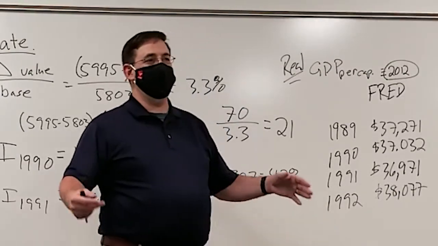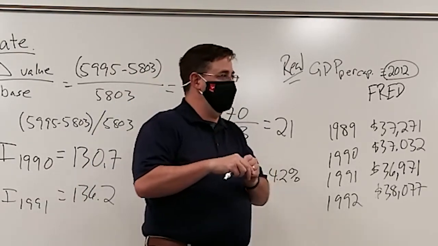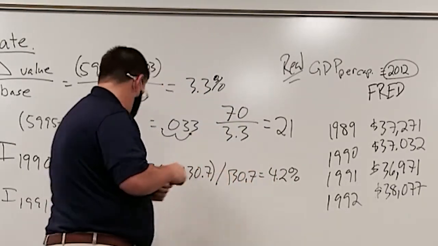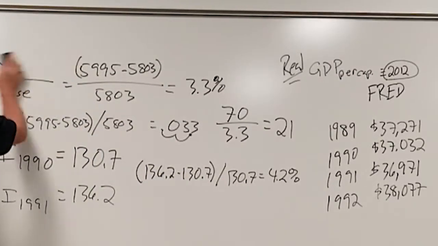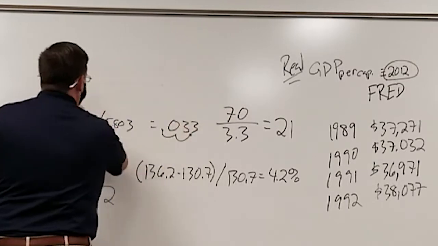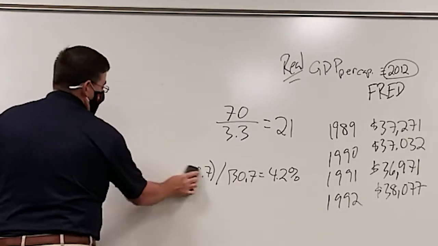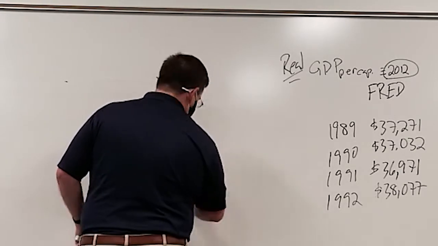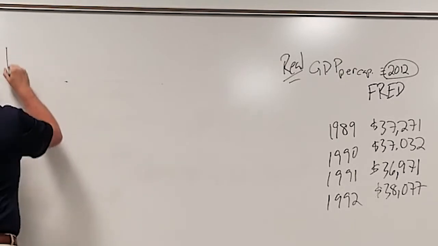Now, when real GDP per capita is going down, what do we call that? Well, we could call that a recession, right? Usually, in the United States, we have an average real GDP growth rate of somewhere between 2 and 3%.